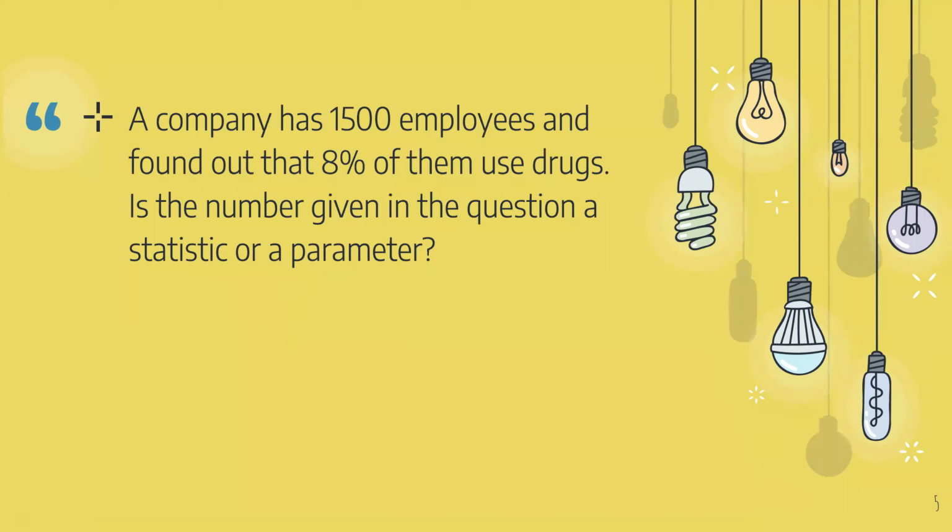So all of the employees of the company are taken into account in here. From that 1,500 employees, 8% of them use drugs, meaning that this 8% represents the population. And so this number represents a parameter.